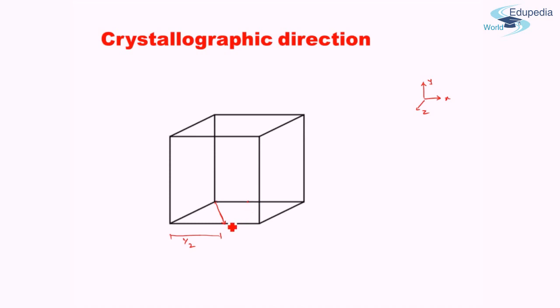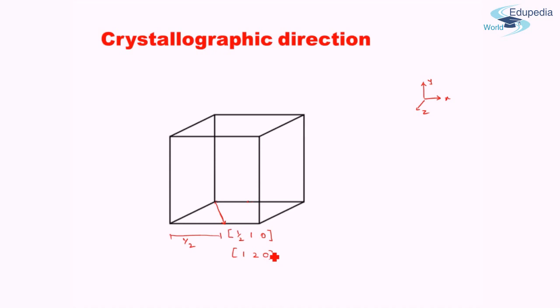One complete length in y direction, and in z direction I don't need to go anywhere. So what is happening is I went half x, 1 y and 0 z. Now multiplying it by 2, I get 1 2 0. So this is the 1 2 0 direction.